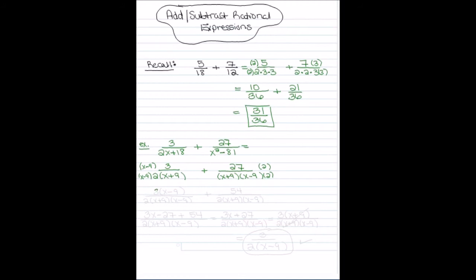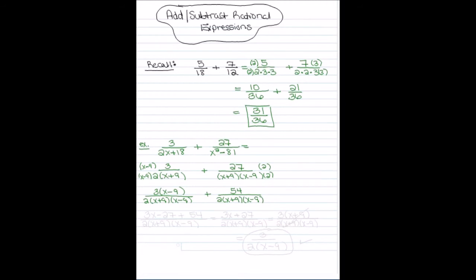So let's rewrite each rational expression. I have 3 times x minus 9. And in the denominator, I have 2, x plus 9, and x minus 9. For the second one, I have 27 times 2, which is 54. And then in the denominator, I have 2 times x plus 9, x minus 9.